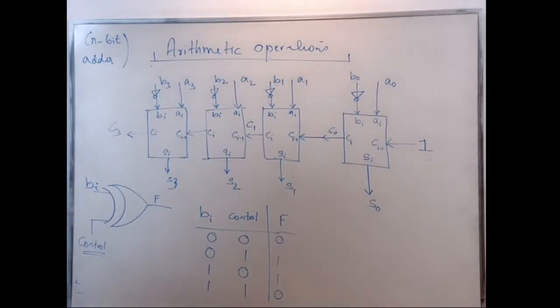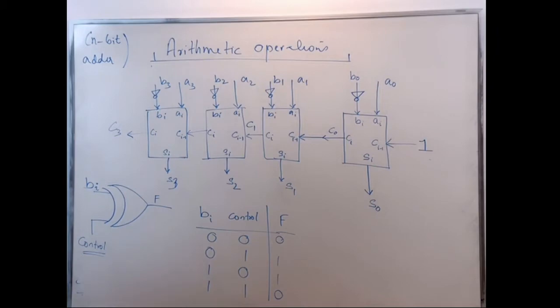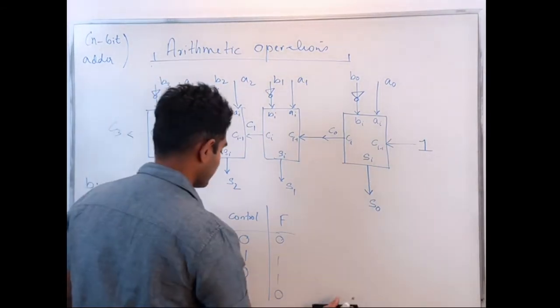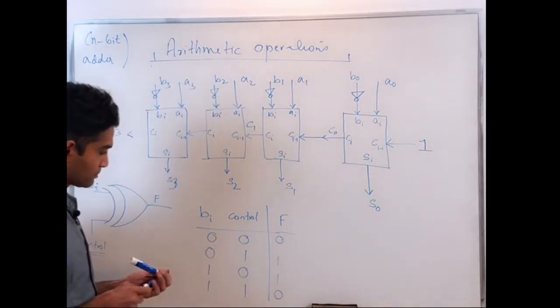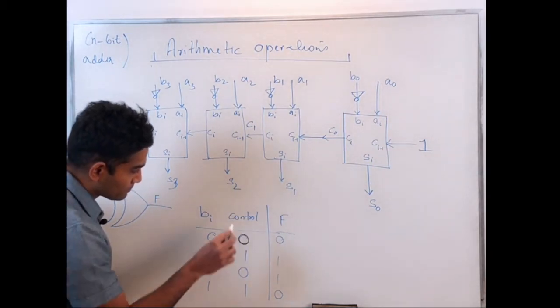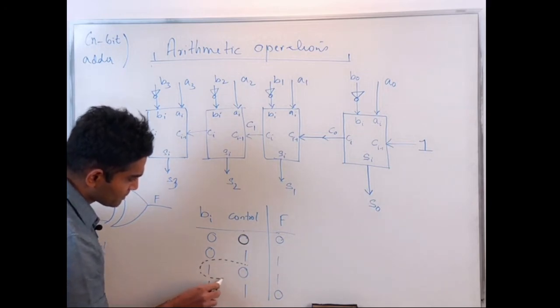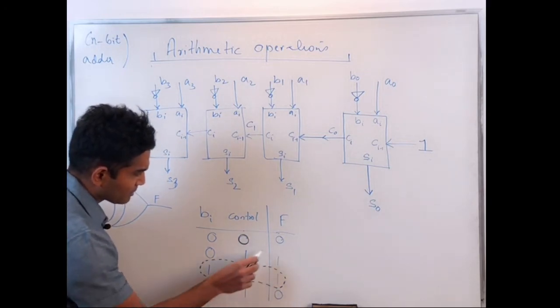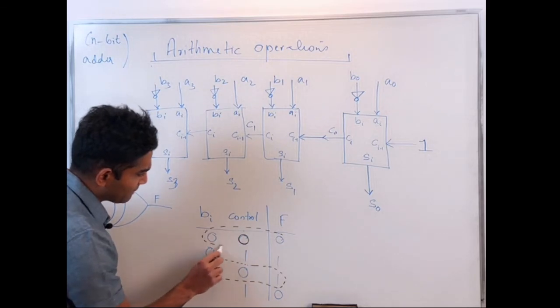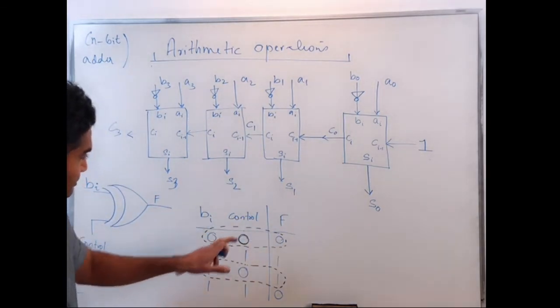But if you look at this from the perspective of the control, what is happening? If my control is 0, which happens in these two instances, what is happening to the output in terms of BI?